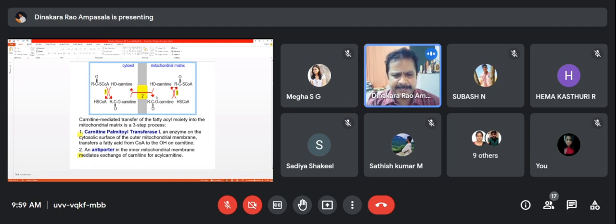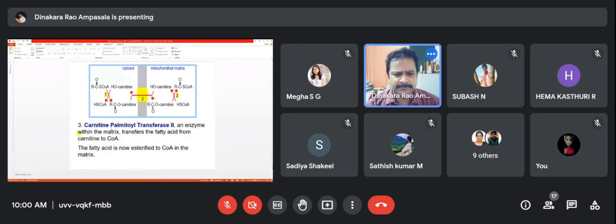Inside the matrix, the enzyme uses this carnitine acyl molecule and esterifies coenzyme A to it, so now you get the acyl-CoA molecule here. The free carnitine is transported back outside, which recycles the process.